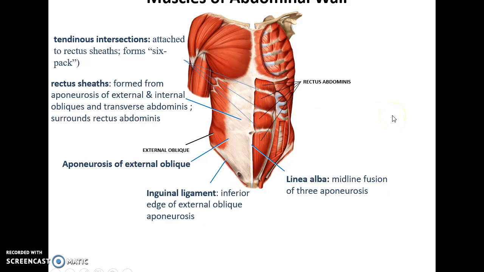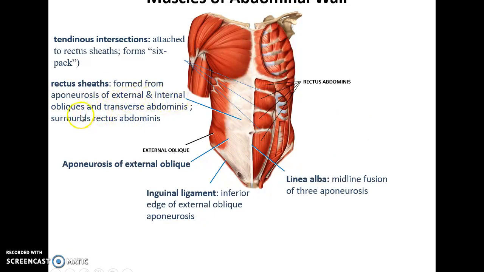The anterior abdominal wall is very important. You have these tendinous intersections across the rectus abdominis. This basically is what allows areas not to get expanded within the rectus abdominis so that somebody can develop a six-pack. You have the various sheets of connective tissue that go around the rectus abdominis called the rectus sheaths.